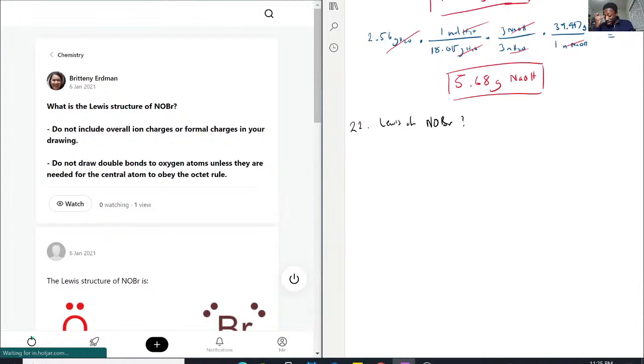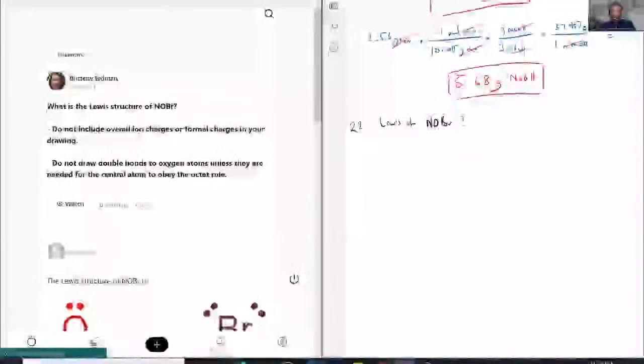So I'm hoping that everything is coincidentally neutral here as well, but we can only find that out by actually drawing it. And it says, do not draw double bonds to oxygen atoms unless they are needed for the central atom to obey the octet rule. So what would even be the central atom here?